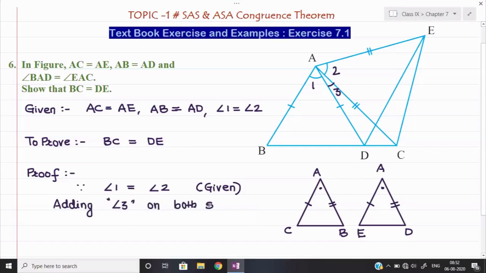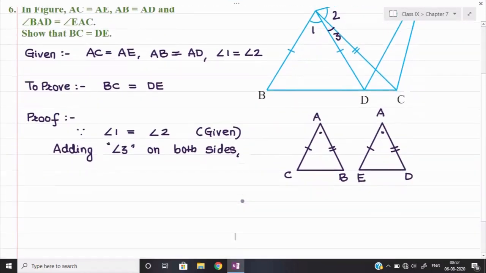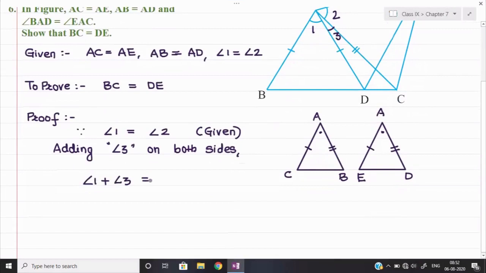We are going to add angle number 3 on both the sides. So let us add them. So if I add angle number 3 on both the sides, what will I get here? Angle 1 plus angle 3 is equal to angle 2 plus angle 3.